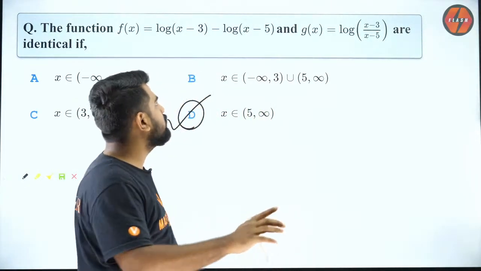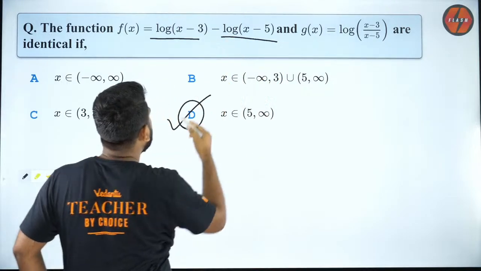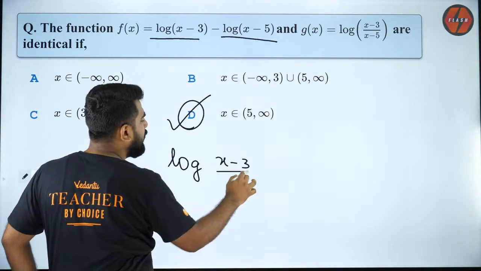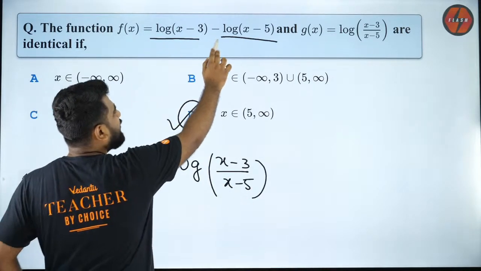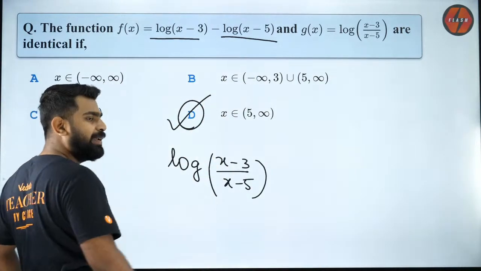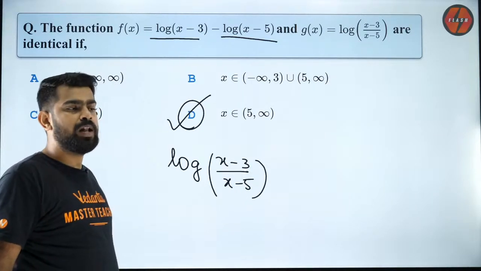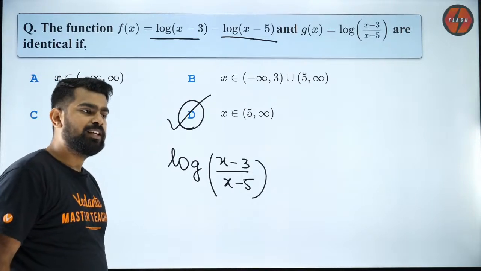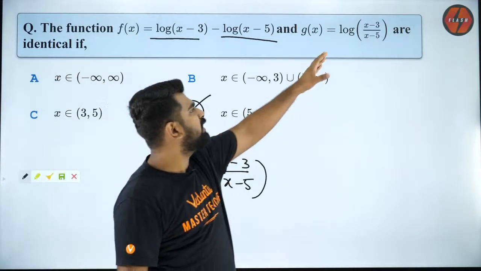So if you know properties of logarithms, you might be telling me, sir, this can be combined, na sir. It can be combined like x minus 3 by x minus 5. Isn't that right, sir? Because log A minus log B is log of A by B. Absolutely right. Very good, Prajwal. Okay. So everybody thinks that, sir, they are both the same.